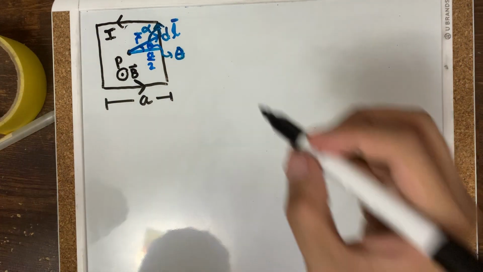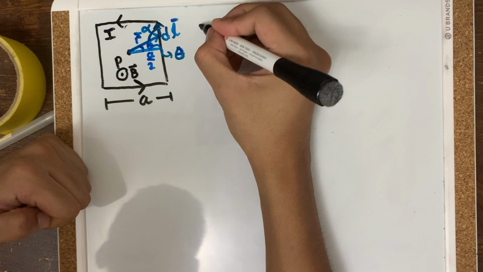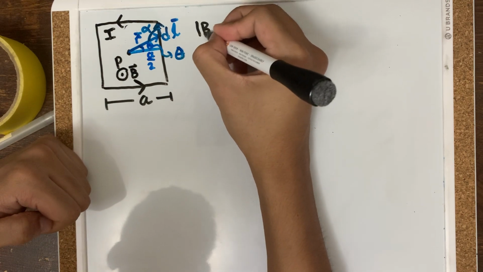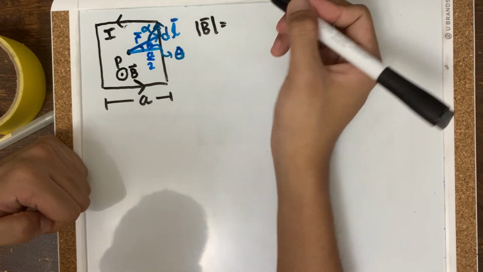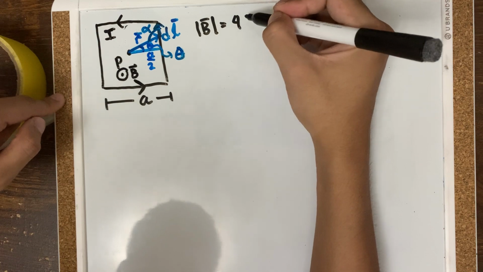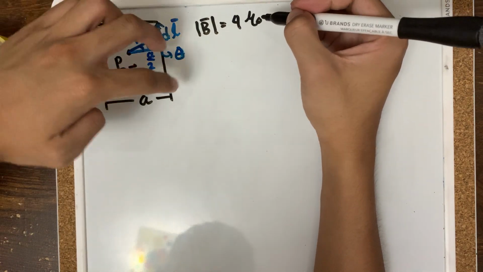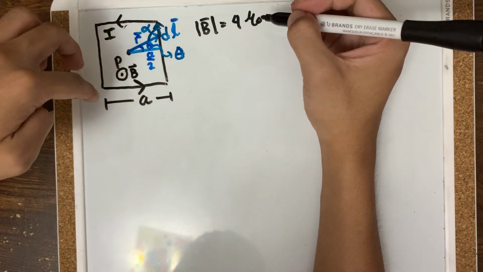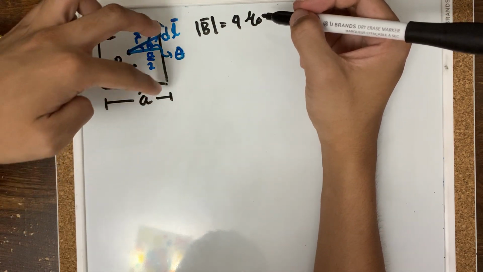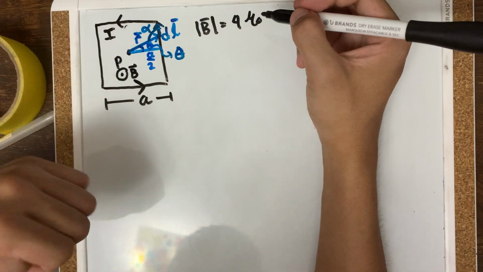So now we can write our magnetic field equation. The magnitude of your magnetic field is 4 times mu naught over 4 pi, 4 times because we're summing up the magnetic field due to 4 equal lines.